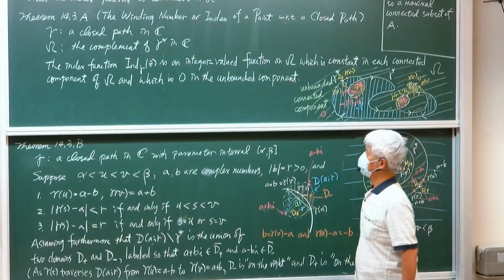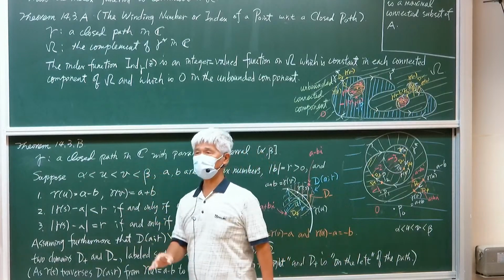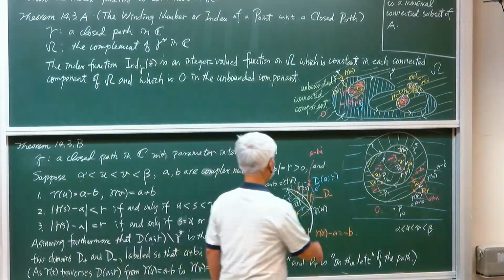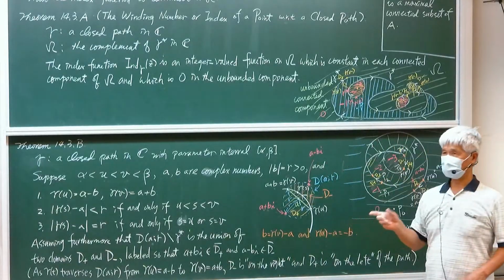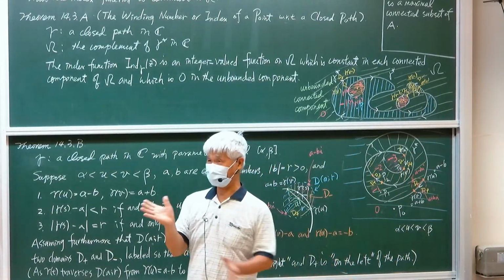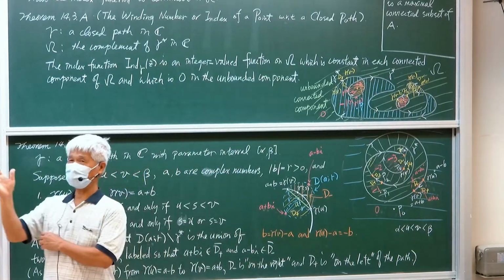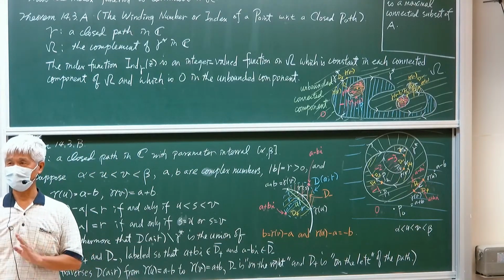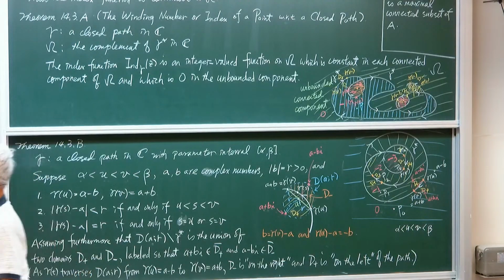Right. So this theorem, even though it's very technical, if you understand the picture here, the application of this theorem is very easy. You just identify which is D minus, which is D plus, the domain, okay? And then you apply the result here.